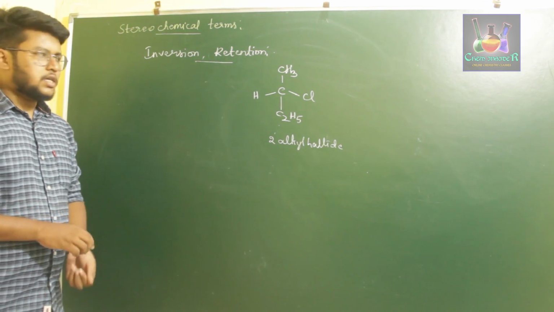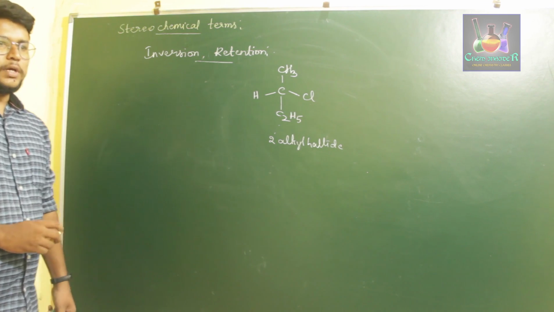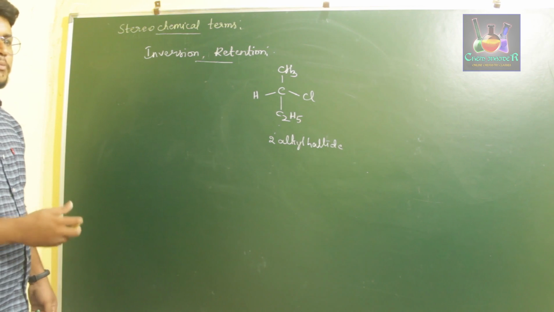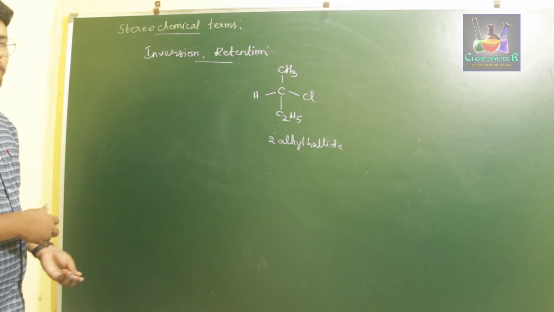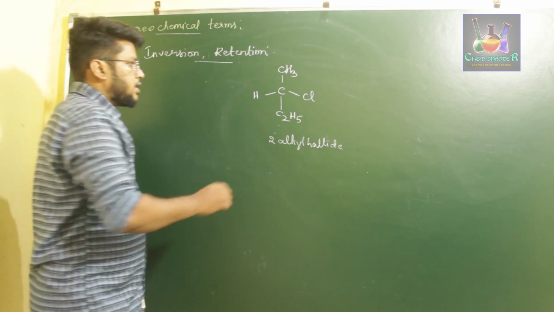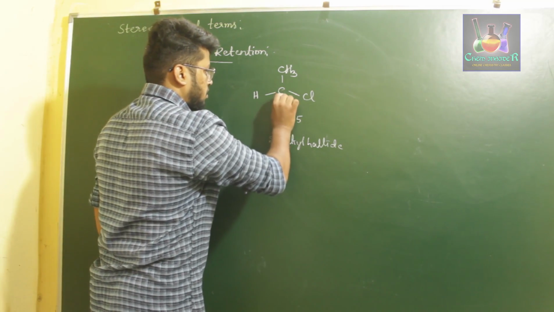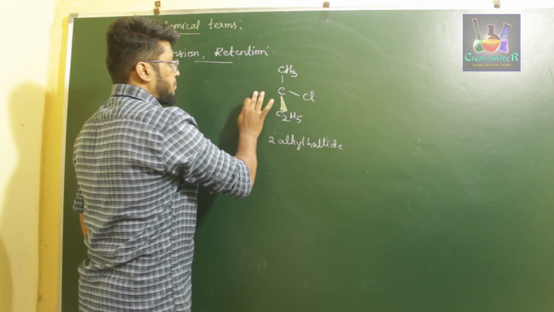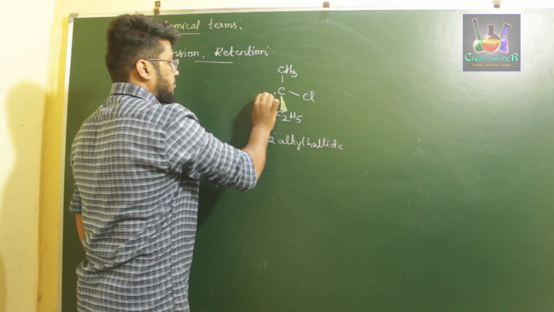So now we'll discuss this compound's SN1 and SN2 mechanism, and how they form a given compound which has a particular rotation, retention or inversion in configuration. For that, let us say we have our C2H5 in this plane, Cl in the same plane, but hydrogen on a dash bond.